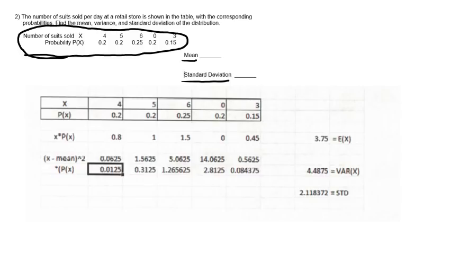Each one. Then we added each one of these individual items up, and it equals 3.75. So to get the mean, you simply multiply outcomes by the associated probabilities, add them up, there's your mean.